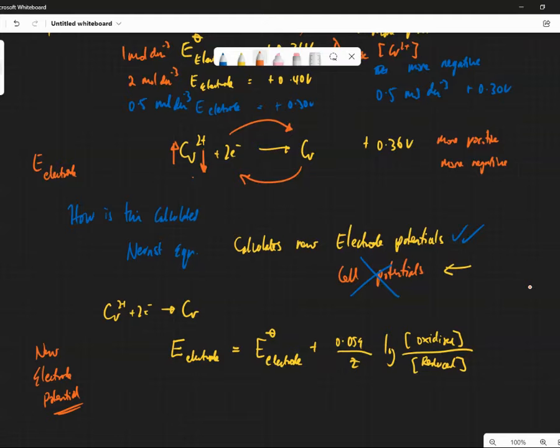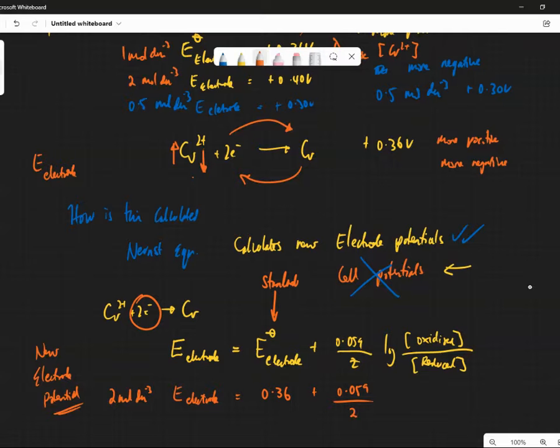So here it is, and the oxidized form. Let's pretend we want to find out E electrode if I increase the concentration. So let's go for 2 moles per decimeter cubed. E electrode is equal to E standard, which is 0.36, plus 0.059 divided by Z. Z is the number of electrons involved in the oxidation or the reduction.